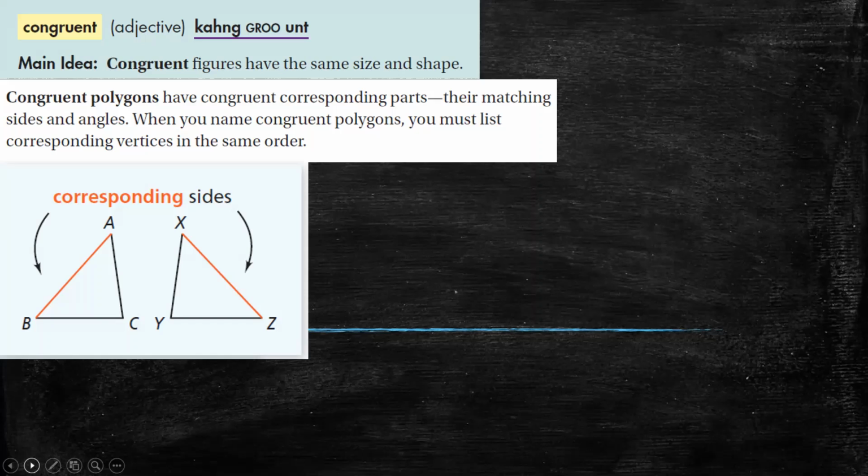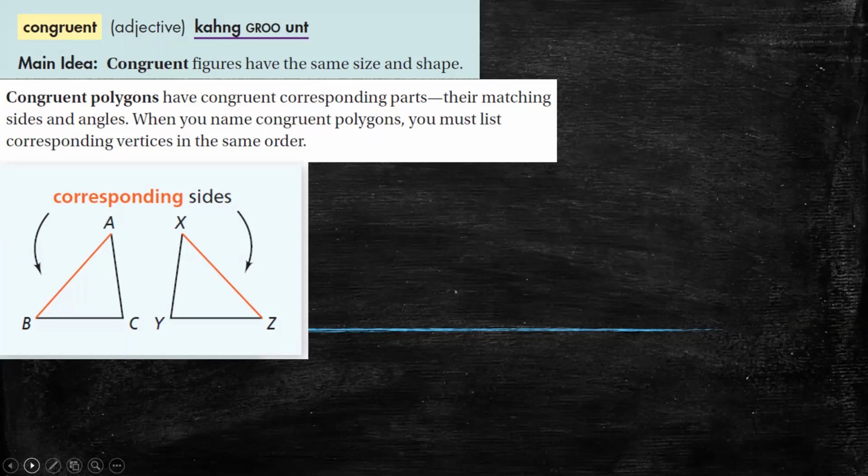If I want to talk about congruent figures, I need to write all the congruent corresponding parts, all the corresponding elements, and check whether all of them are congruent. Then the two shapes will be congruent.